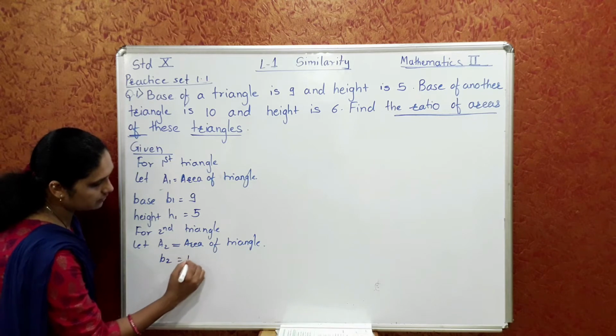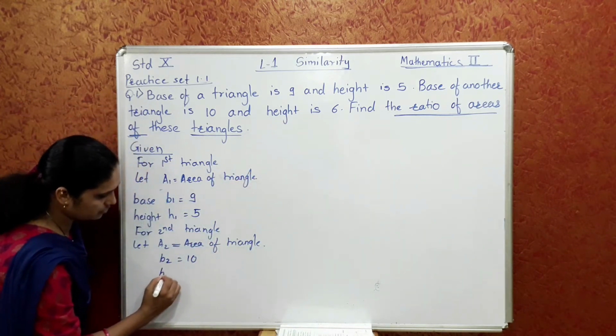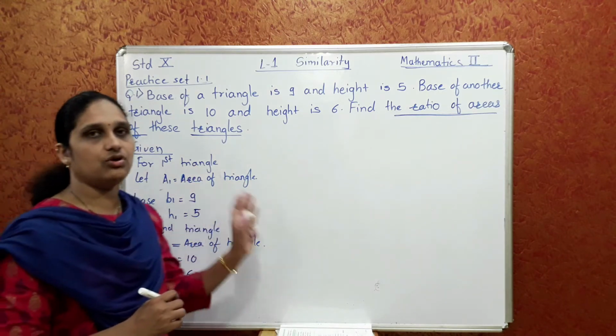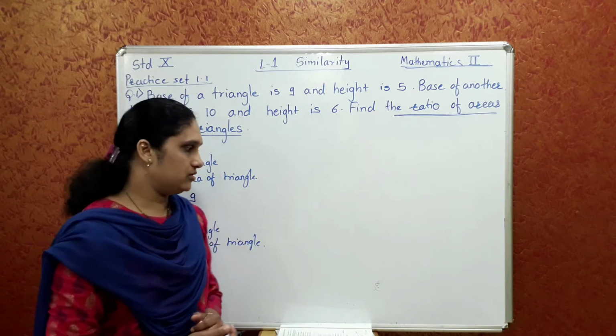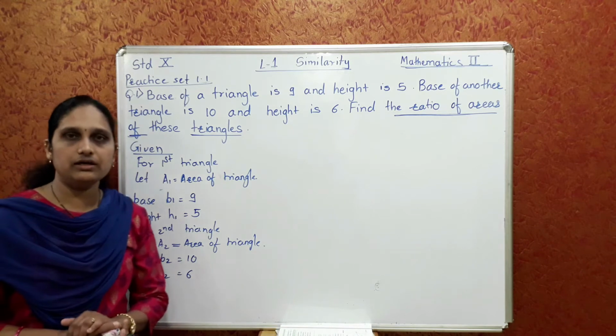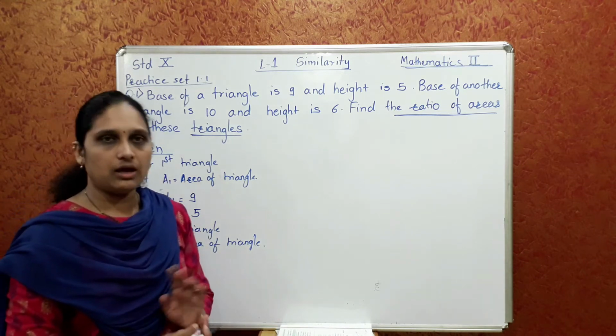So B2 is equal to 10. Height is 6, so I will consider H2 as 6. So this is all the information of both the triangles. Now we are going to apply the property. Here students, both bases and heights are given, and they are different. So the first property is applicable.